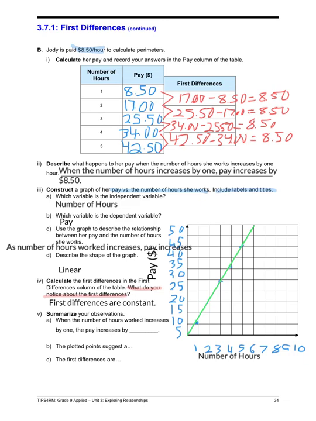Alright, and this takes us down to the last stage, part 5, our summary of our observations. For part A, when the number of hours worked increases by 1, the pay increases by blank. Well, we know that for every hour we work, we're going to have our pay increase by $8.50. Our plotted points suggest a linear relation.